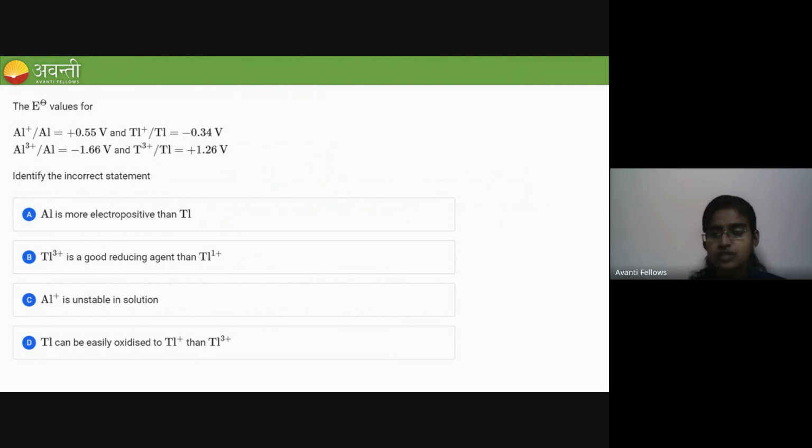Whether aluminium is more electropositive than thallium, or Tl3 plus is a better reducing agent than Tl plus. Or whether aluminium plus is unstable, or thallium can be easily oxidized to thallium 3 plus from 1 plus. So which statement is incorrect?